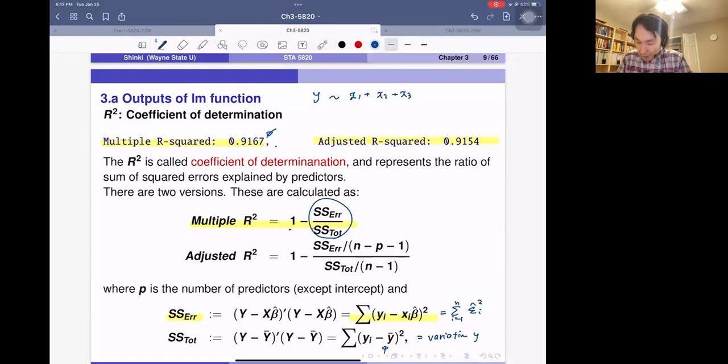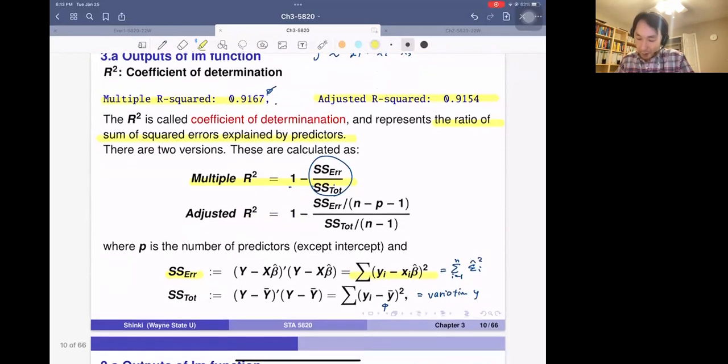So 1 minus the percentage not explained means the percentage explained by x. So multiple R squared is basically the ratio of the sum of squares explained by predictors. That is 0.9167.